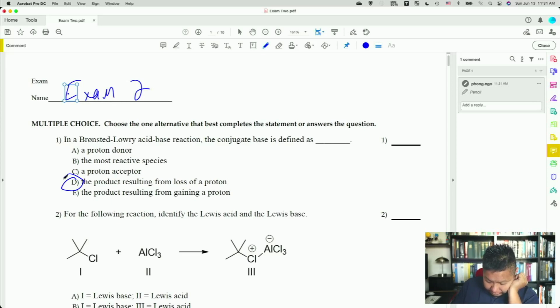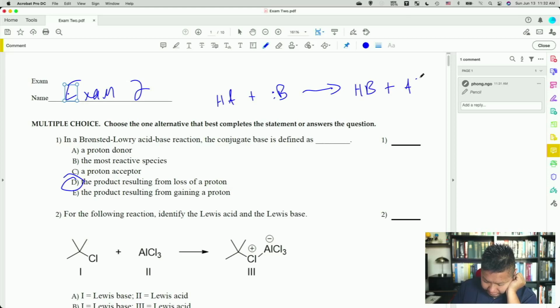Because if you remember, you have an acid, which is HA, right? And then you have a plus a base, right? And this base has a lone pair on it, okay? And then it can turn into HB, right? And then plus A minus.